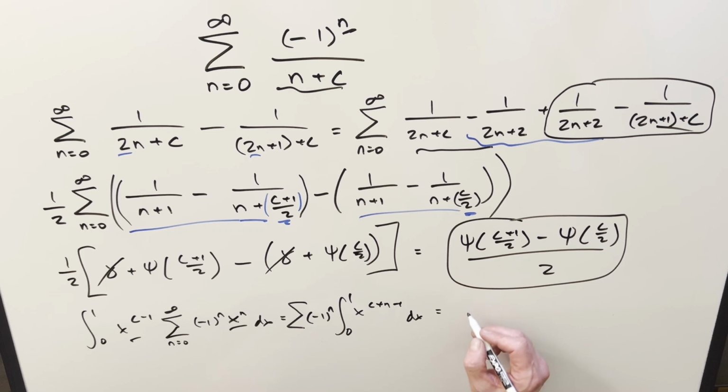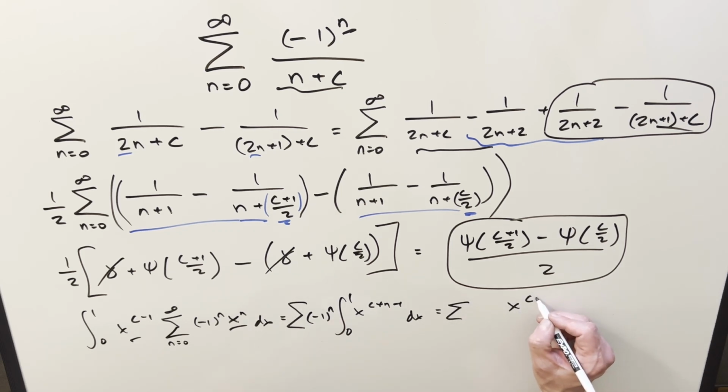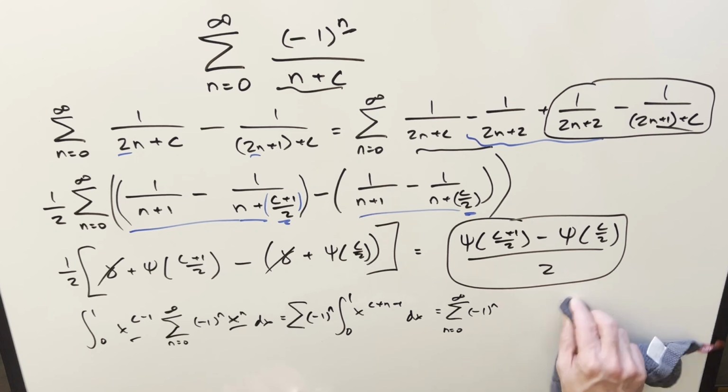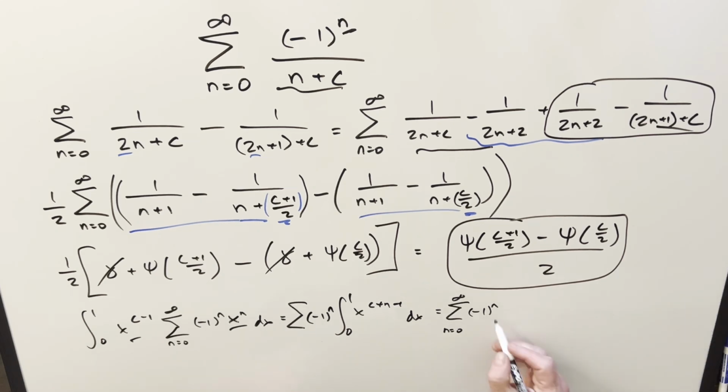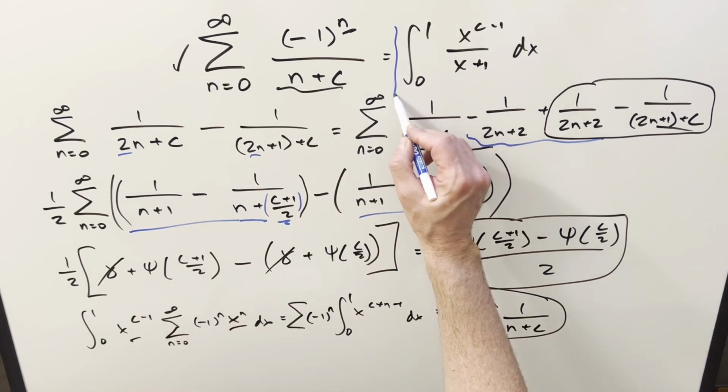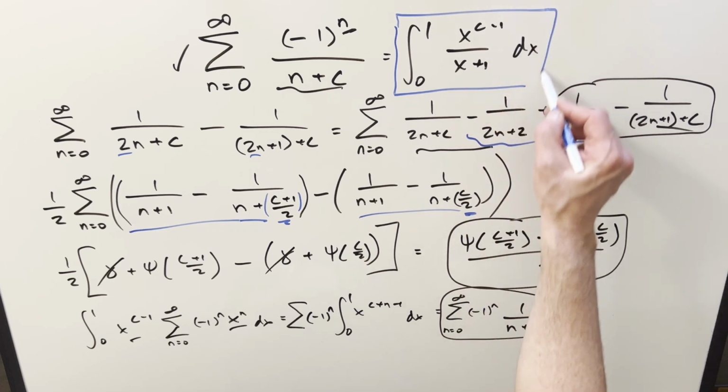When you do this integral with the power rule, this becomes x to the c plus n over c plus n. When you evaluate the bounds, the 0 gives 0 and the 1 gives 1, so you get 1 over c plus n. What I really should do is write it as 1 over n plus c, and this is exactly what we started with. So again, this sum is the same thing as this integral.